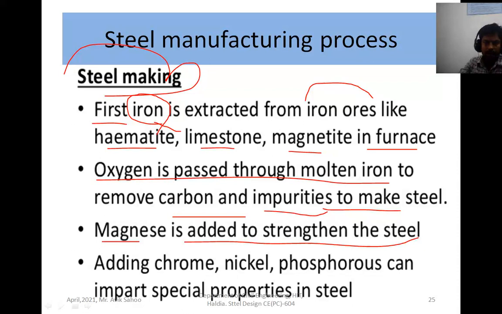In iron we add some percentage of manganese to strengthen the steel. Again, adding chrome, nickel, phosphorus can also be used to impart special properties in steel.